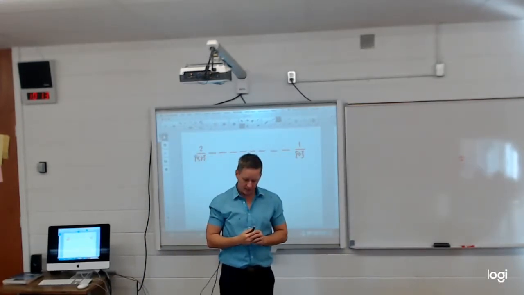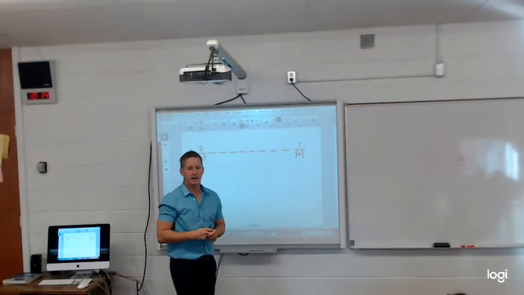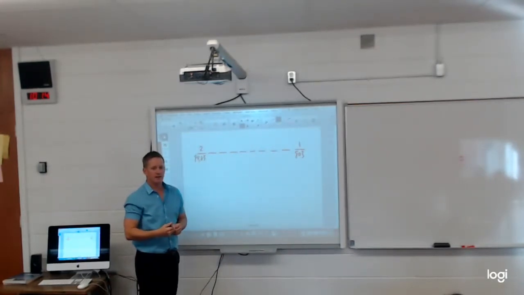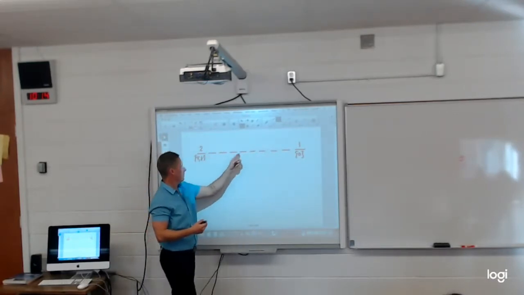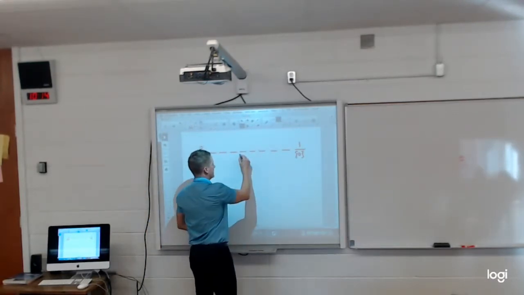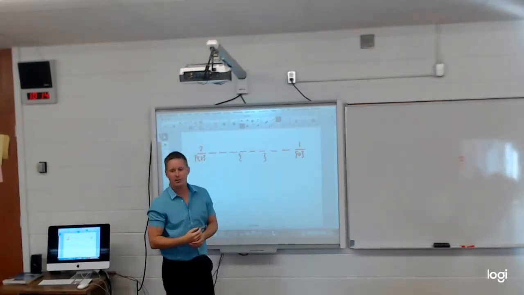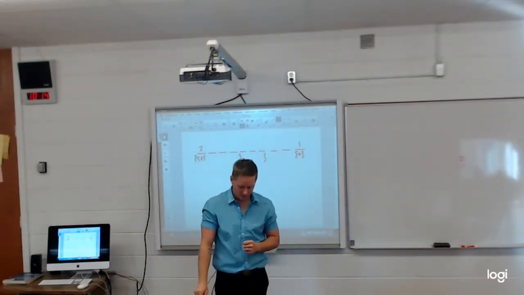Another multiple of 4 is either the 5th, the 6th, or the 7th in the sequence. Okay, so we've already picked one of them, right? So somewhere between here and here has to also be a multiple of 4, right?